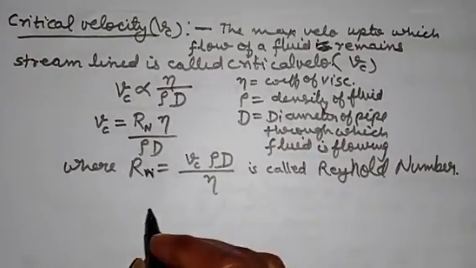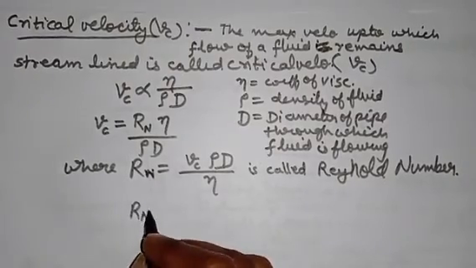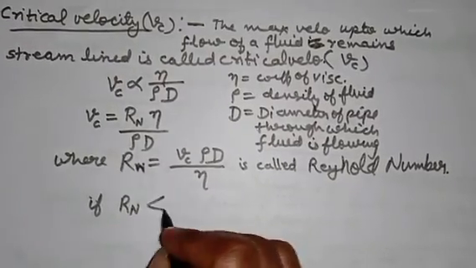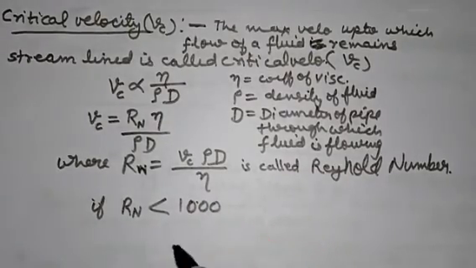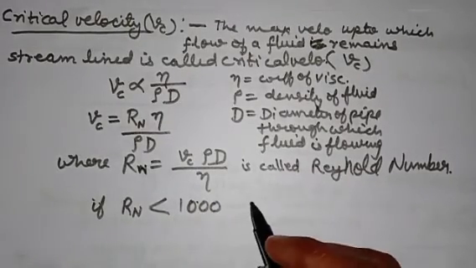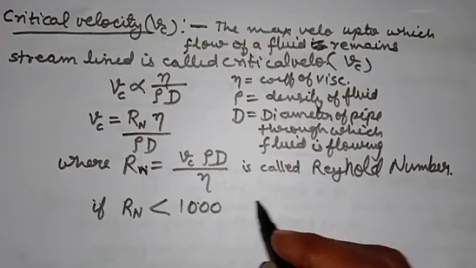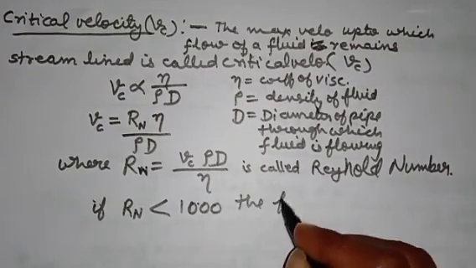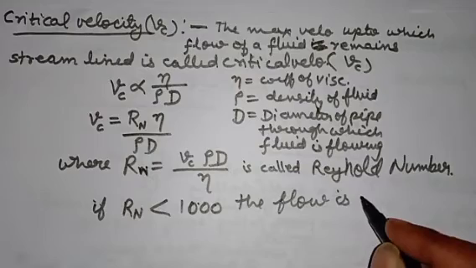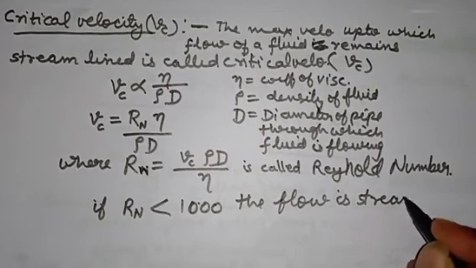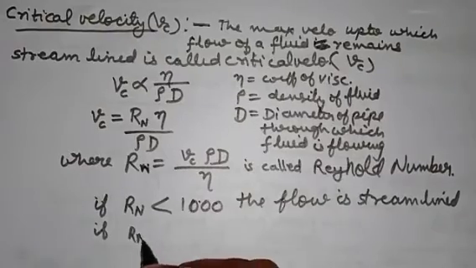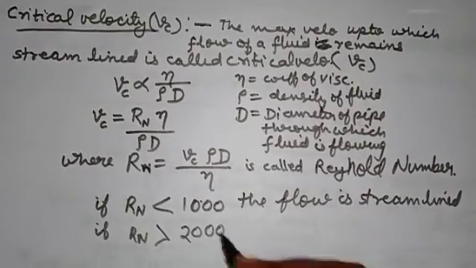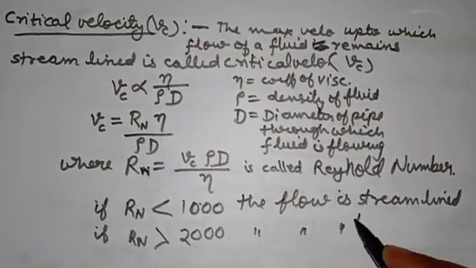And remember one thing, if Rn is less than 1000, there is not a clear boundary, but roughly if it is close to 1000 or less than that, then the flow is streamlined. And if Rn is greater than 2000, the flow is turbulent.